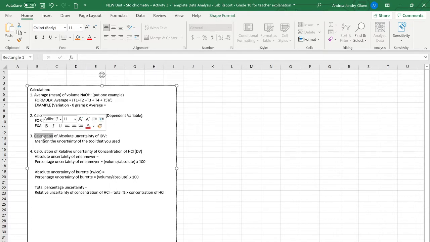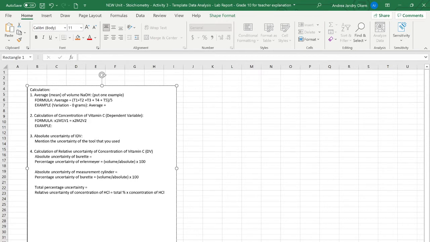How to find the absolute uncertainty of your IDV, and how to calculate the relative uncertainty of your concentration of vitamin C. Like I have already explained before, the tools that we are going to use are not the Erlenmeyer, but the burette, and also you need to use the measuring cylinder.